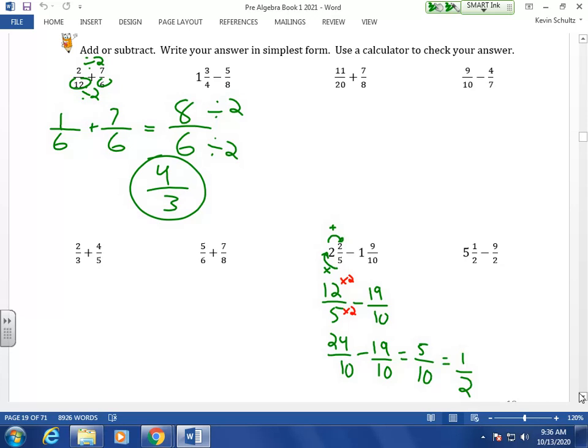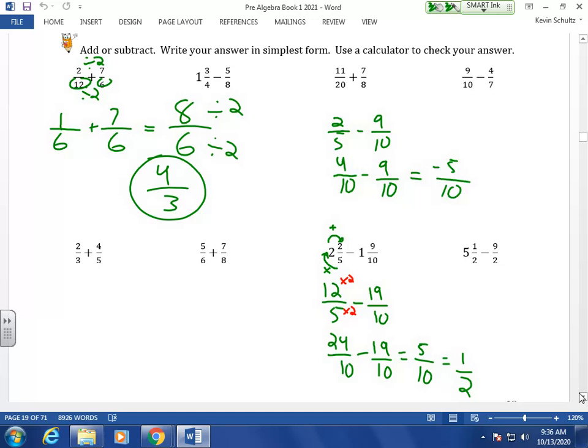Yes? I have a question. Can't you just minus 2/5 and 9/10 and then add 1 to 2? Let's try that. So Aiden's suggesting, can't we just ignore the wholes, take 2/5 minus 9/10? Which would give us, multiply by 2, 4/10 minus 9/10, which, 4 minus 9, is negative 5/10.